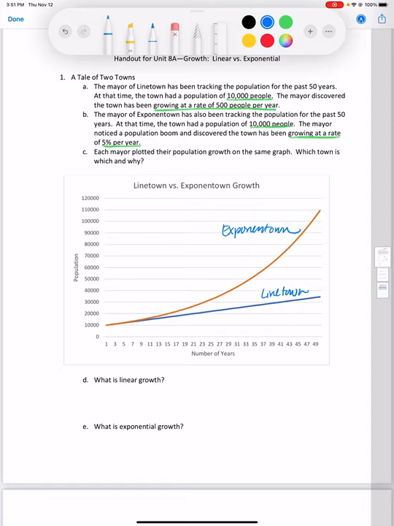We're going to talk about these types of growth in turn. Linear growth and exponential growth. What is linear growth?